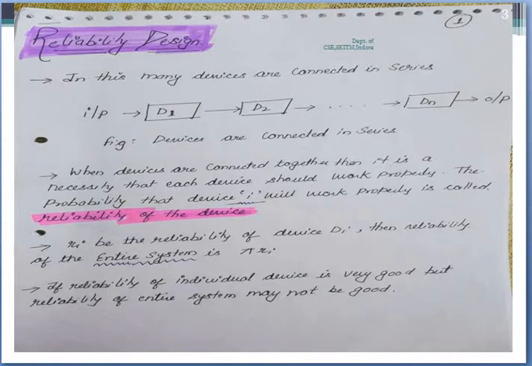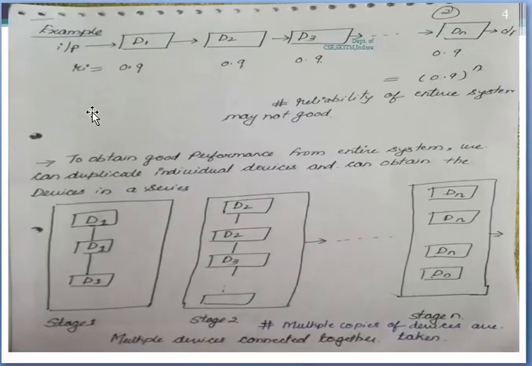So in short, we are attaching a switching circuit. The job of the switching circuit is to determine which device is working properly. There is more overhead involved in that. To overcome this, we are using multiple devices connected together. In order to obtain good performance from the entire system, we duplicate the device.